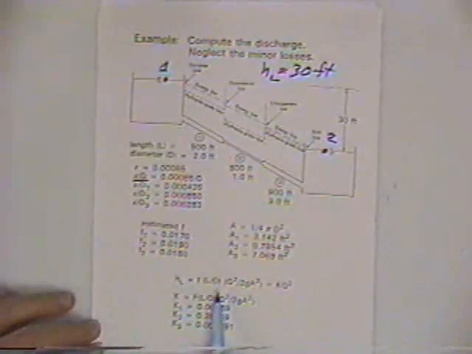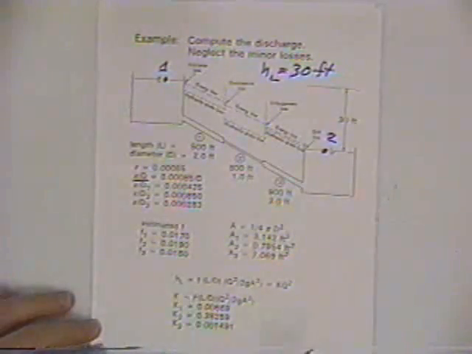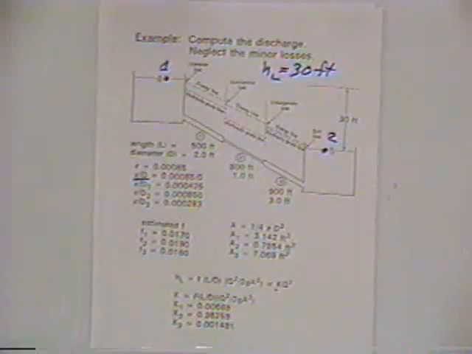Then we've reproduced the Darcy-Weisbach equation again, and to simplify things, we've reduced it down to K times Q squared, as we just talked about. Given the diameters, lengths and friction factors for the pipes, we can compute the three Ks.